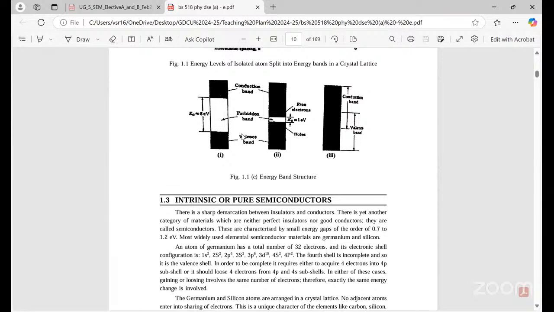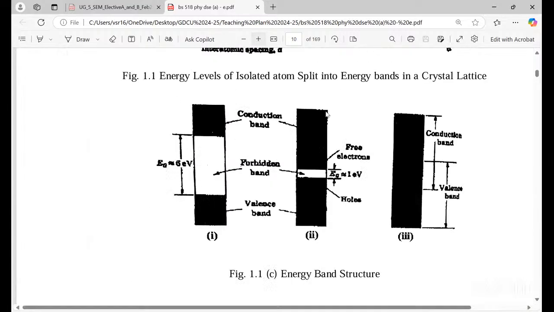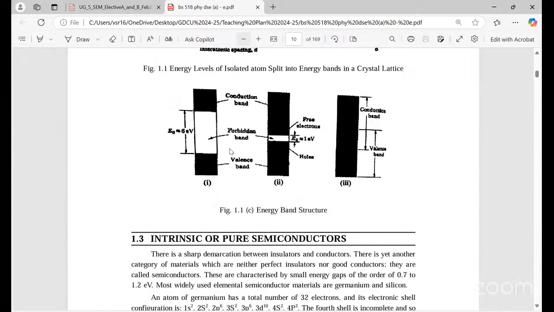Which one is a conductor, an insulator, a semiconductor? This one is an overlapping conductor. Where the gap is very wide, it is an insulator. Where the gap is small, it is a semiconductor. Is it clear? Like that you have to estimate.